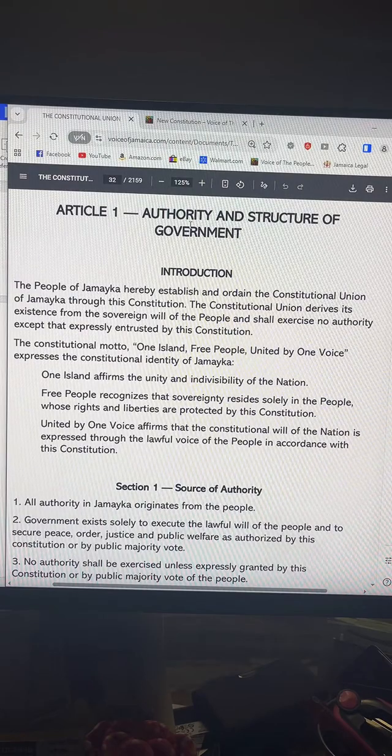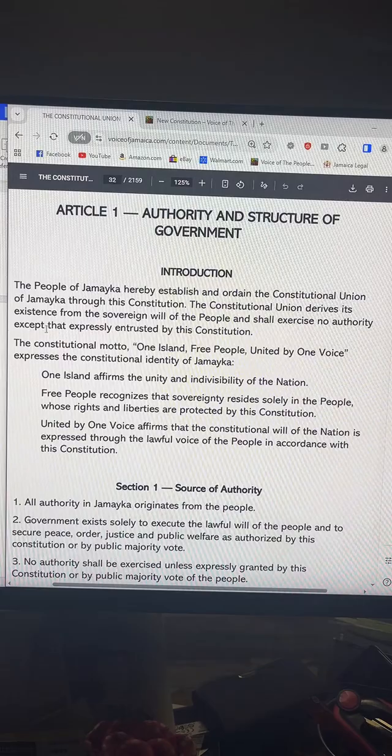Article 1, authority and structure of government. Introduction. The people of Jamaica hereby establish and ordain the Constitutional Union of Jamaica through this constitution. The Constitutional Union derives its existence from the sovereign will of the people, and shall exercise no authority except that expressly entrusted by this constitution.